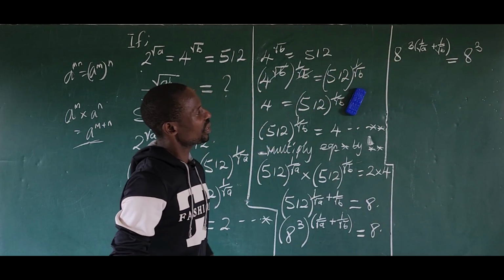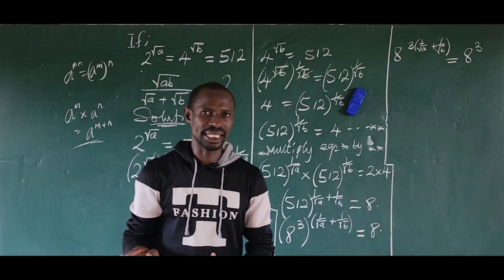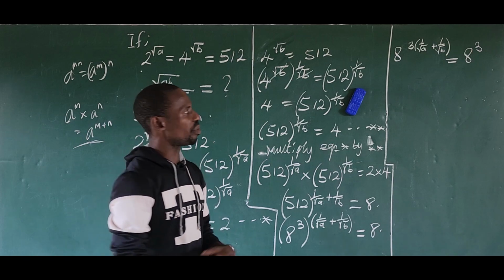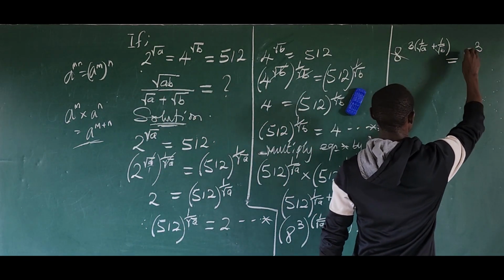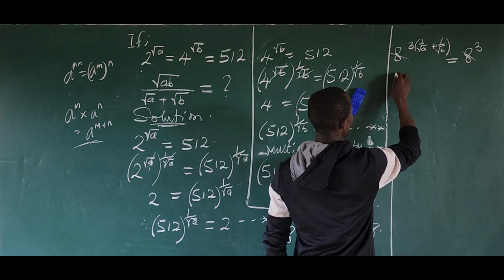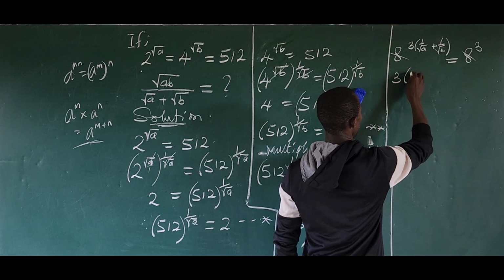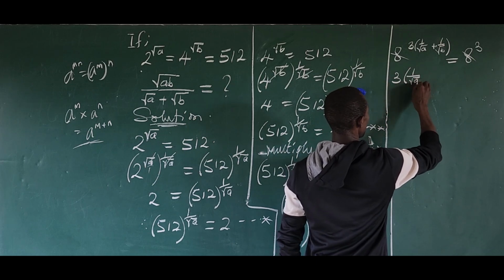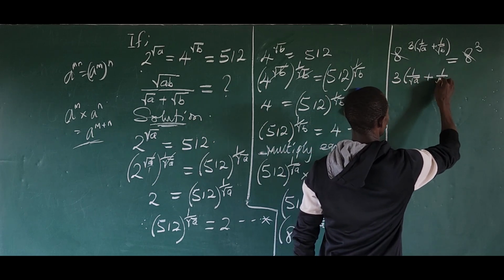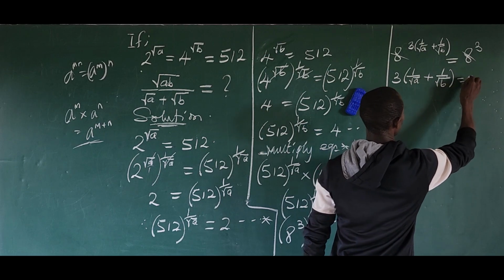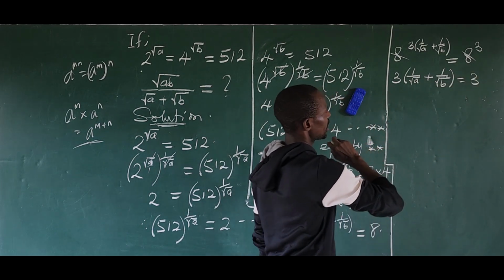Good. So with what we have here now, the bases are the same, so they can leave the system and we equate the exponents. So we have 3 into 1 all over root a, then plus 1 all over root b, then equal to 3. Right? Good.